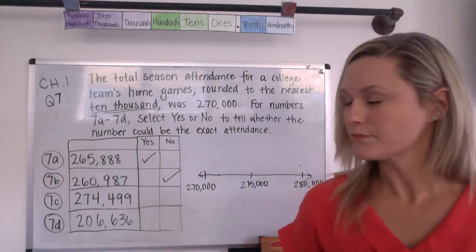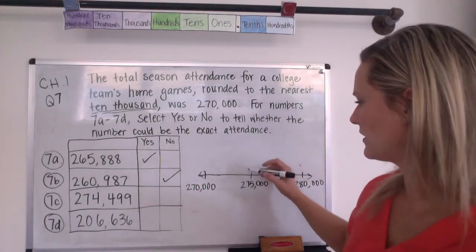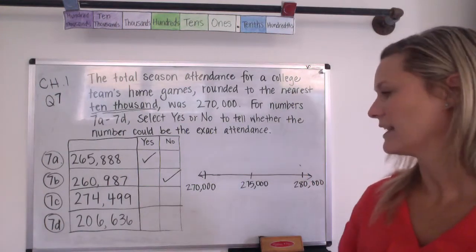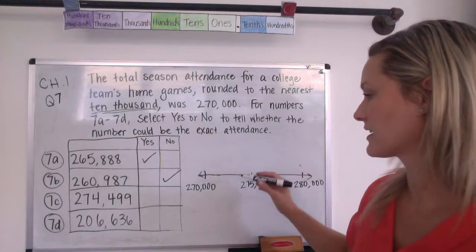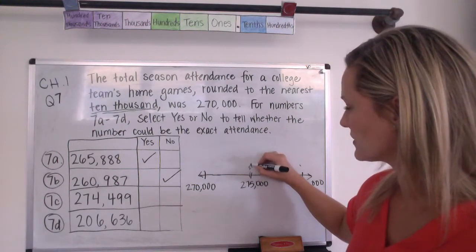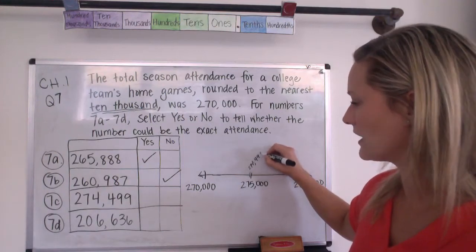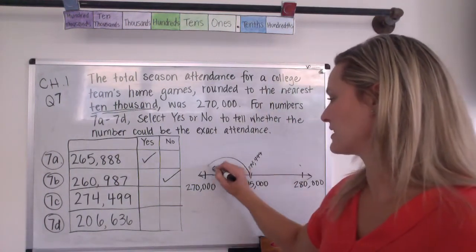Okay, so 274,499 will fall, it's very, very close to our midpoint. It's going to be like one tiny little notch away, like right there. 274,499. But it's still closer to this side.